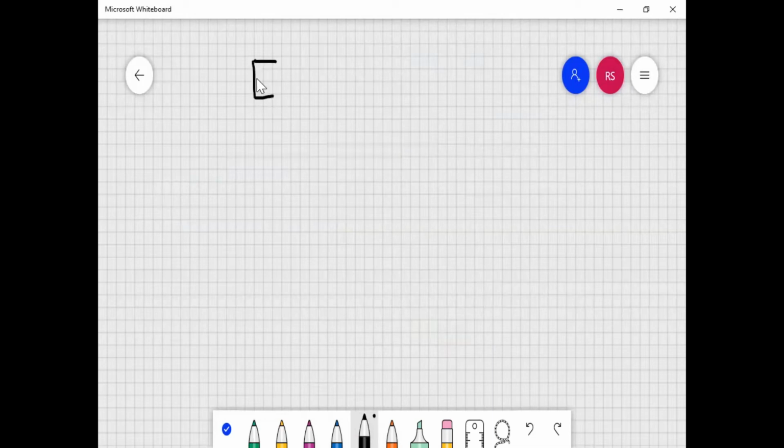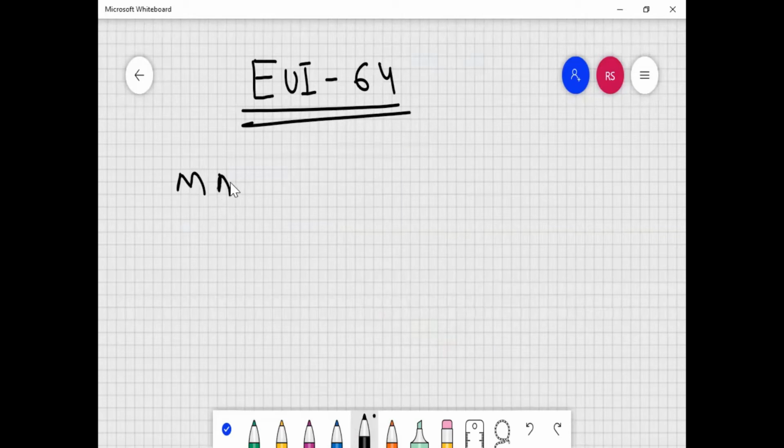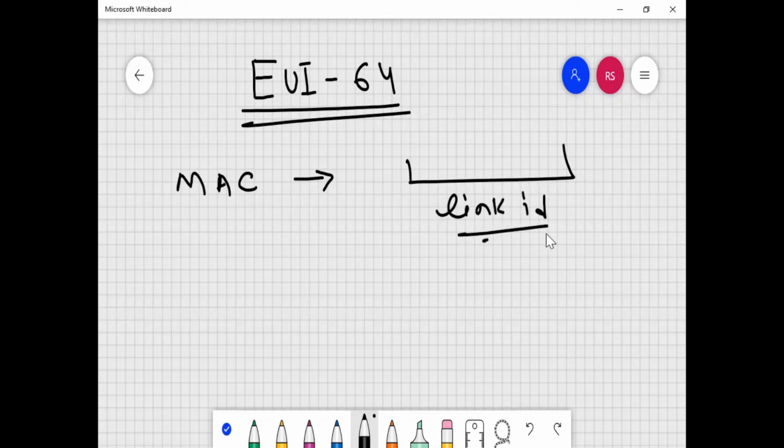Let me talk about one more feature that is known as EUI-64. This is the extended unique identifier. What it says is to convert the MAC address to your link ID, that is, your bit equivalent to your host ID. But the thing is, MAC is 48-bit and the link ID is 64-bit.